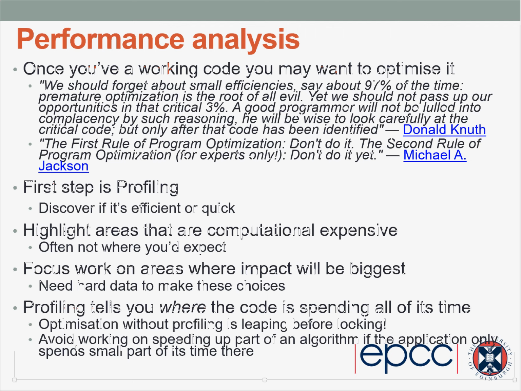you may then be interested in making it more performant, optimizing it, making it run faster. Now, of course, this isn't true for all development. There's a whole wide range of code that you might write where you may not care about performance, because what it's doing is fast enough for what you need and you don't need to spend any extra time optimizing it.